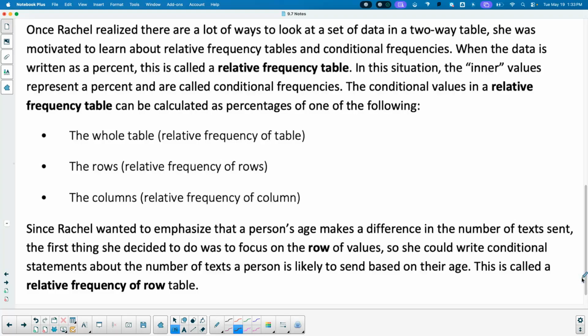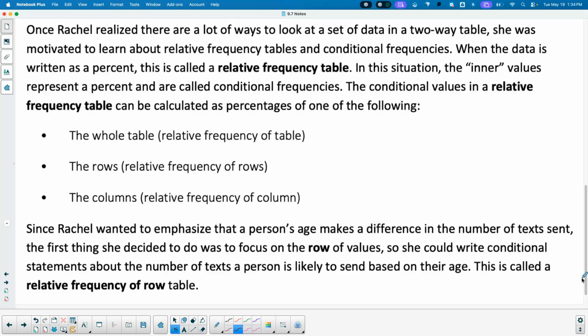So there's another way to look at a two-way table, and that's called a frequency table. Okay? So a frequency table is a table of percentages. Okay? Now it depends on what your frequency table is percentagizing as to what you're dividing by to find the percentage.